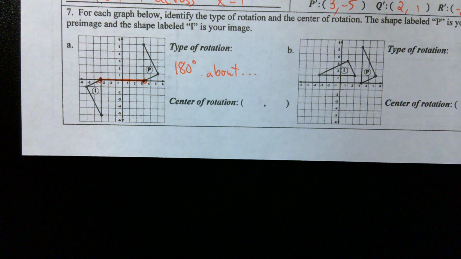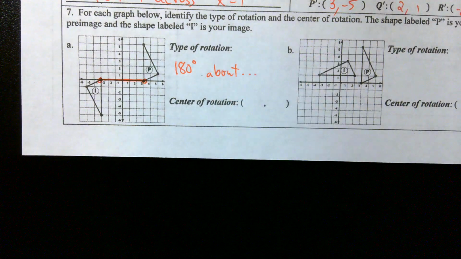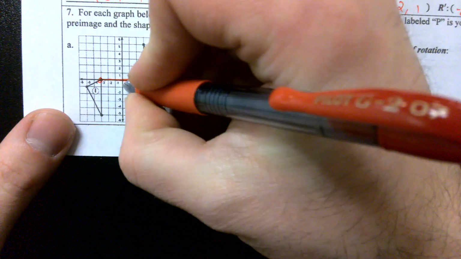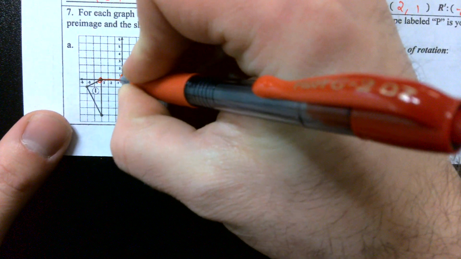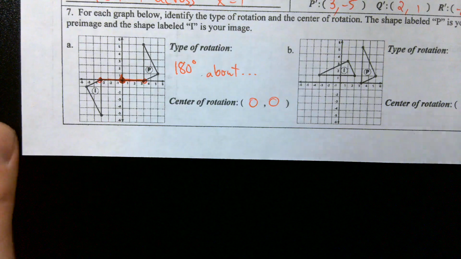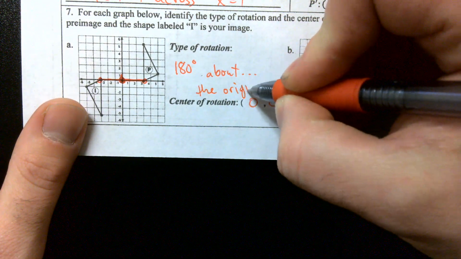And my point should be equidistant from the center, right? What does center mean? Center is the middle, right? So my center of rotation has to be in the middle of my pre-image and my image, right? So if this is 6 spaces away, what's half of 6? 3. So what point is my center of rotation here? 0, 0. My rotation is 180 about the origin.